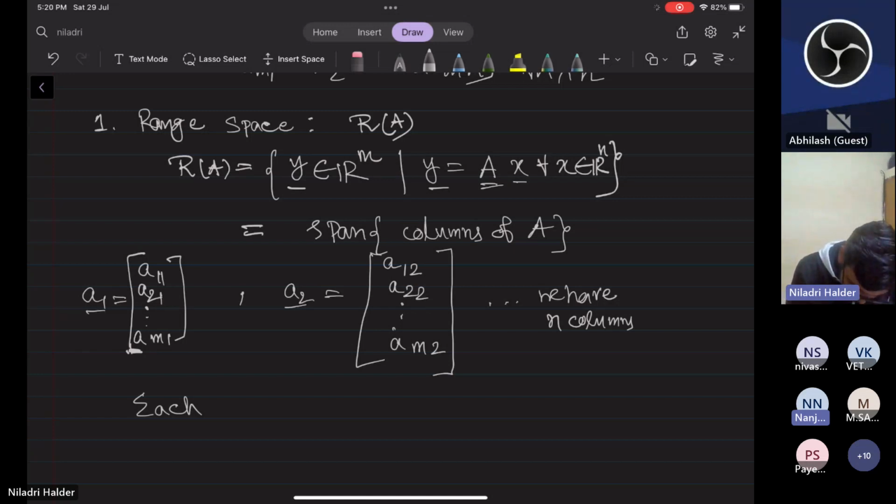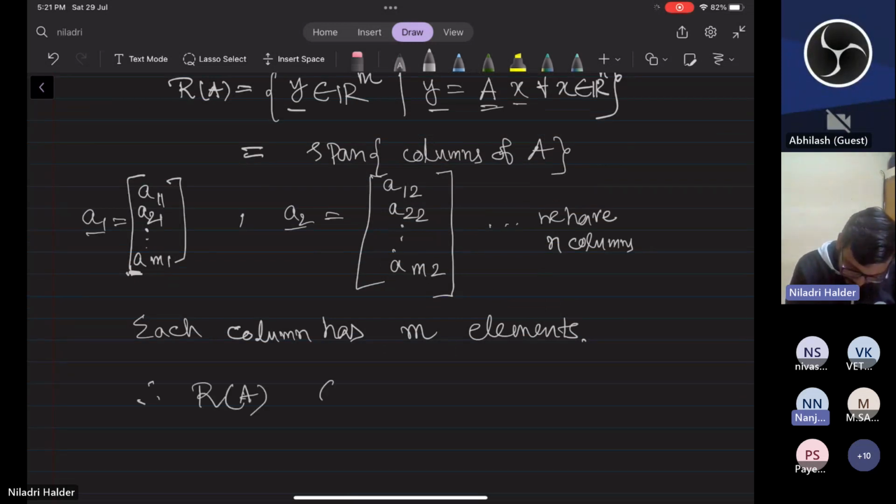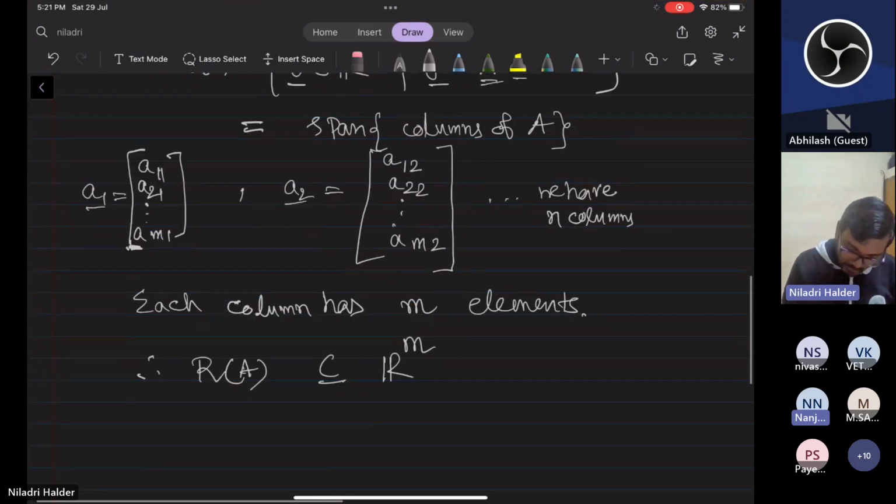Okay, so each column has m elements. So we can write that the range space of A is a subspace of R power m, and it also has n columns.